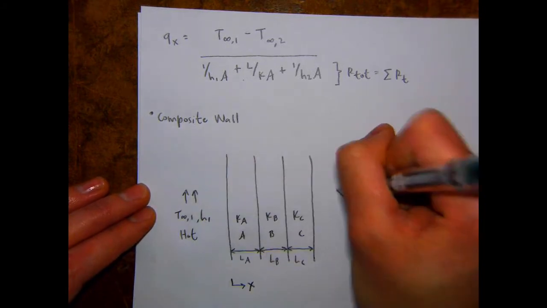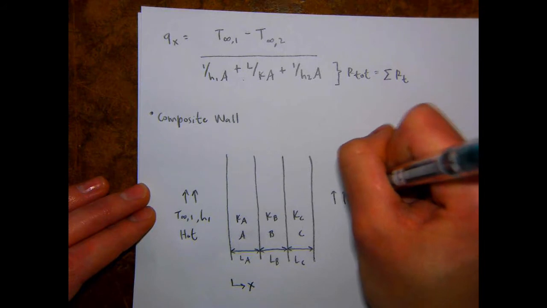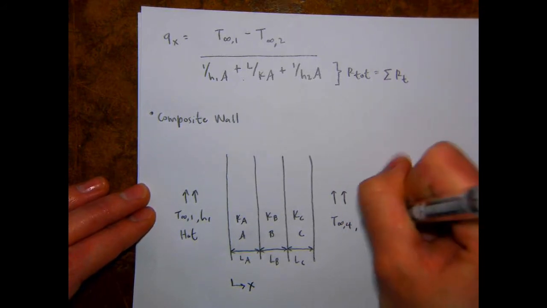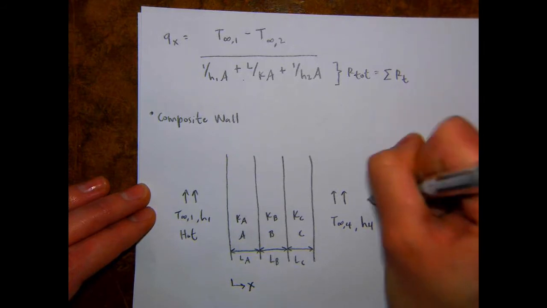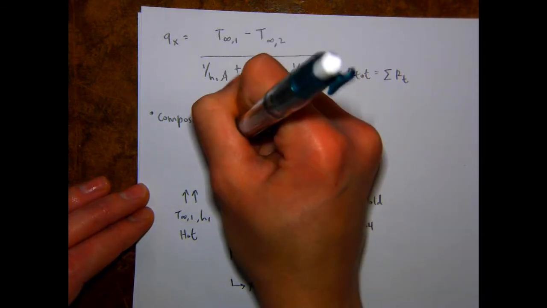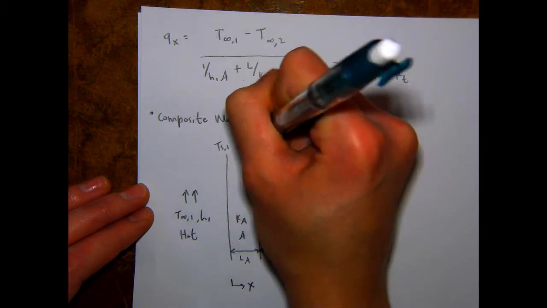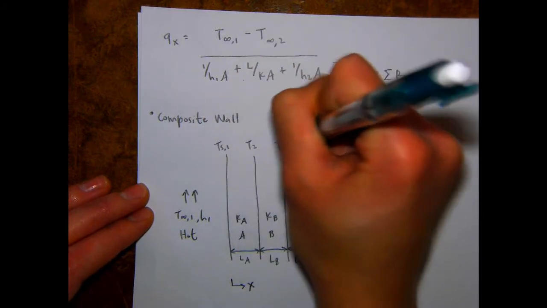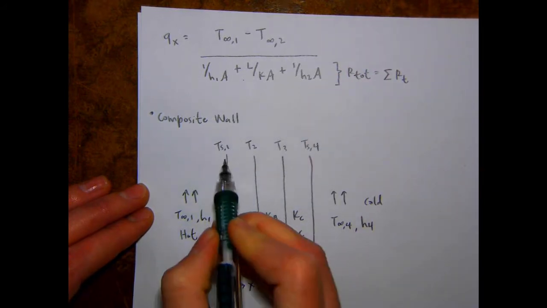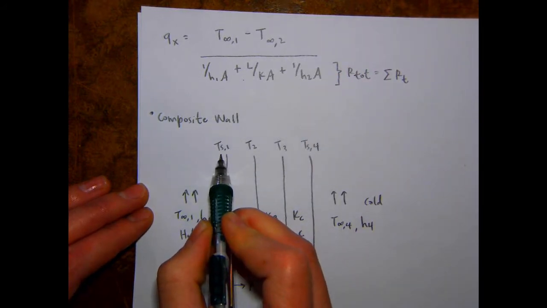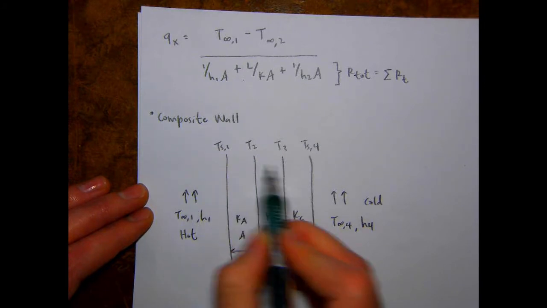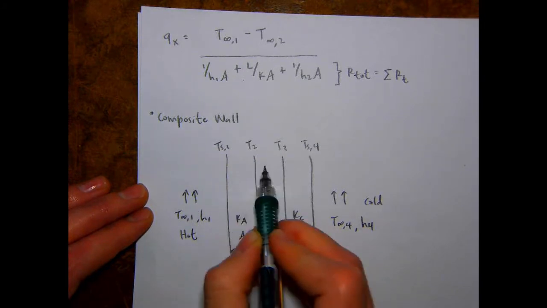It's a hot fluid. Then on the other side, T infinity 4, H4, and it's cold. Our surface temperatures are going to be TS1, T2, T3, and TS4. We label these with S just to show that it's a surface boundary with convection, and T2 and T3 are interior temperatures.